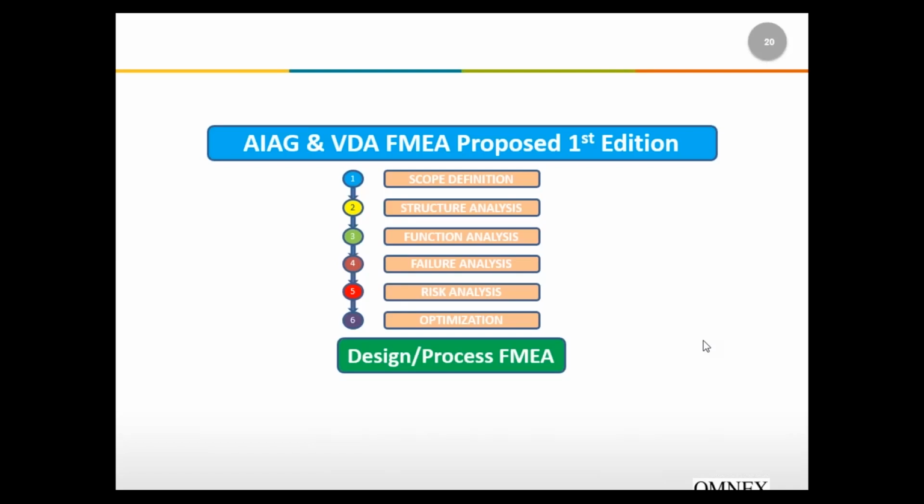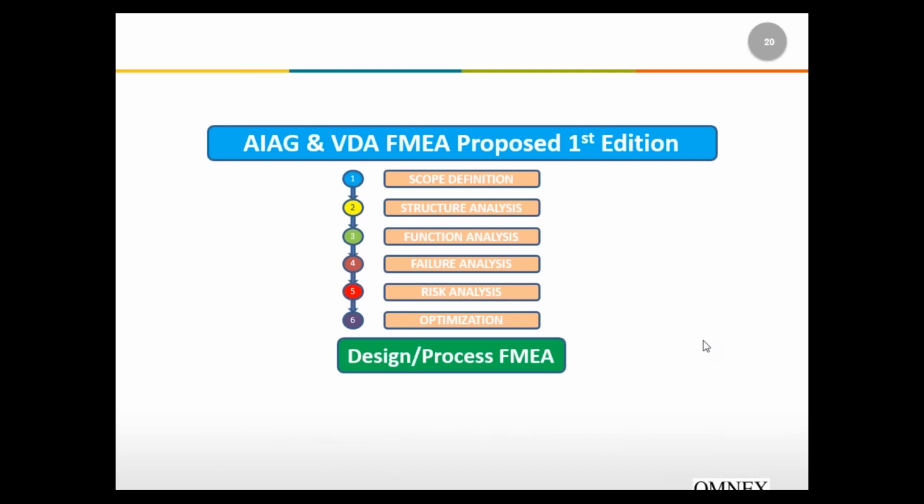Once we get that information, then the risk analysis is essentially how much risk there is, from a severity and occurrence standpoint to a detective standpoint, and then coming up with action priority. As Chad said, RPN has been dropped as a major requirement.